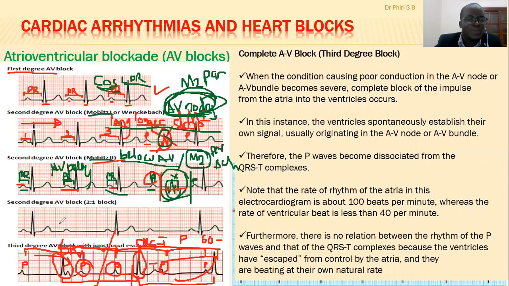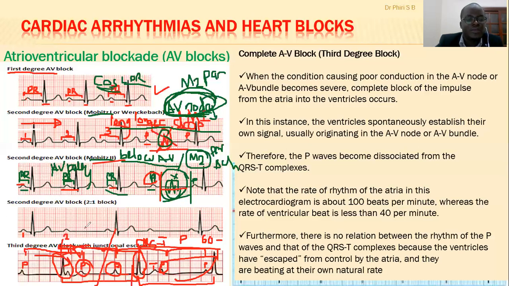Sometimes you can have this kind of cardiac arrhythmia or second degree heart block, whereby for you to classify it, you need to know how many P waves and how many QRS complexes there are. You can see from here, you have 1 and 2 P waves.